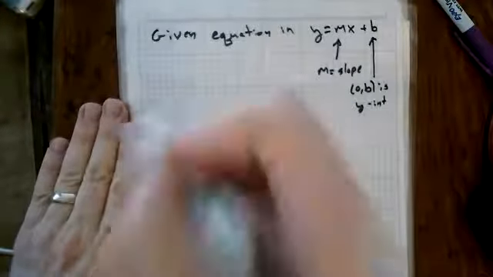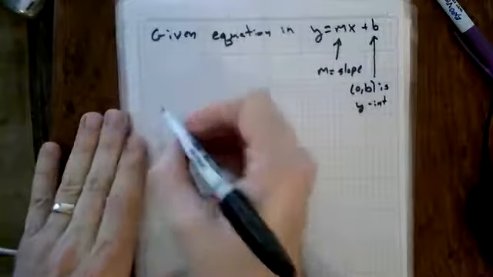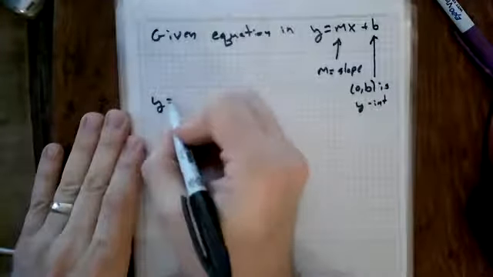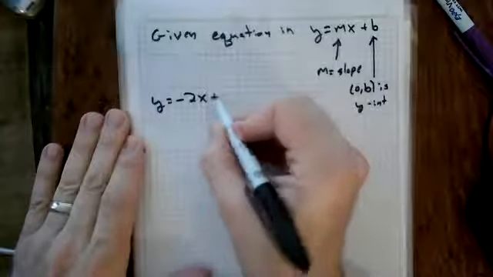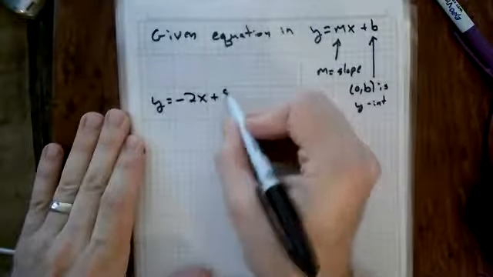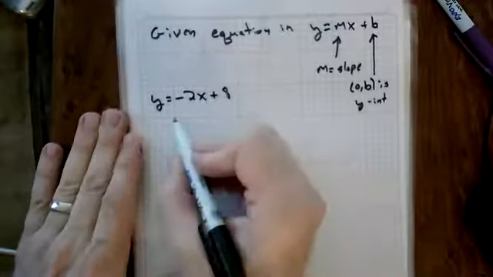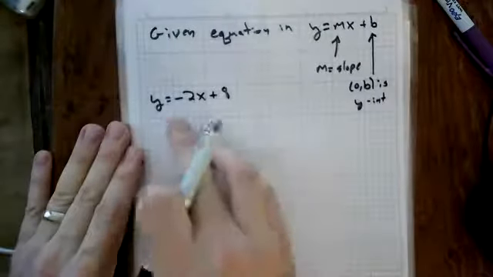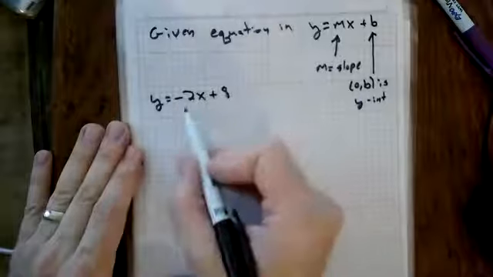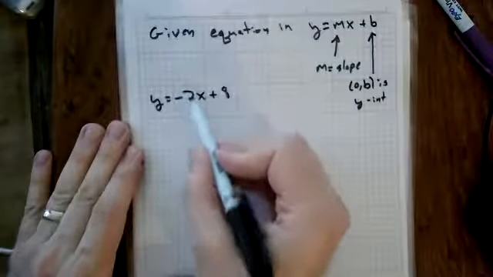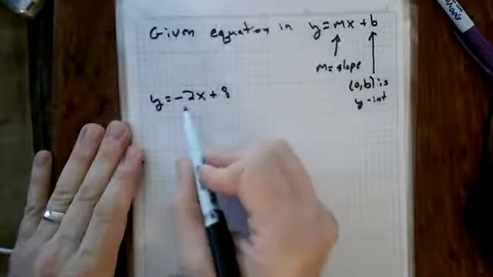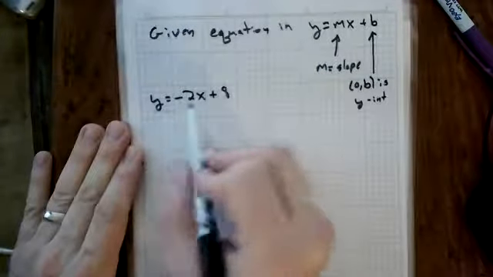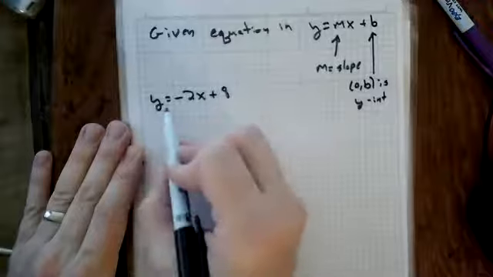So let's say I've got an equation like this. I'll say we've got y is equal to -2x plus 8. Just reading the equation, I can see that this number right here is going to be our slope. Whatever is attached to that x, and it has to be in this format, by the way, it has to be y equals something.